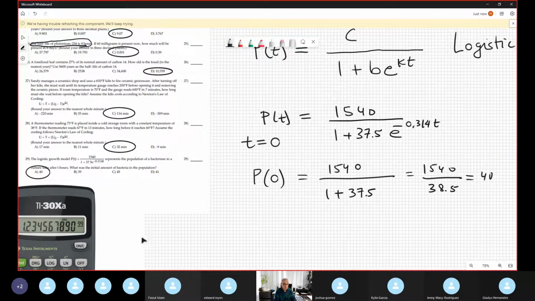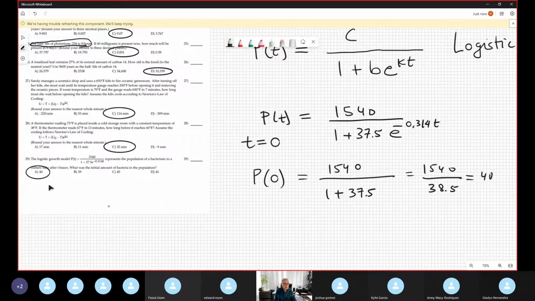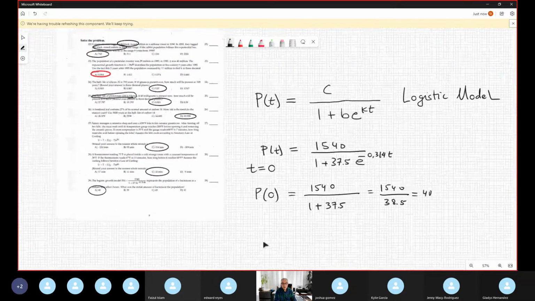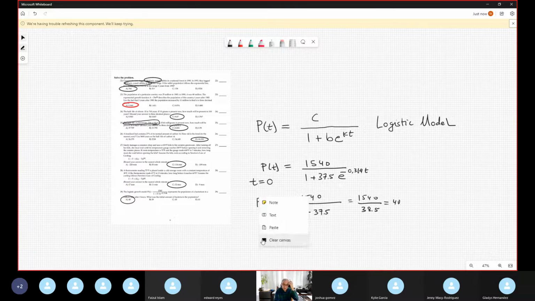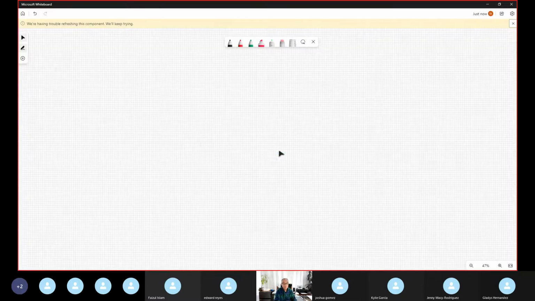What page is this? This is page number 9. Do you understand this problem of the logistic model? We have one more complicated, problem 30. It's more complicated. Yes, okay, Jenny says yes. Okay, Jenny, then erase that and try to find the other page, page number 10.